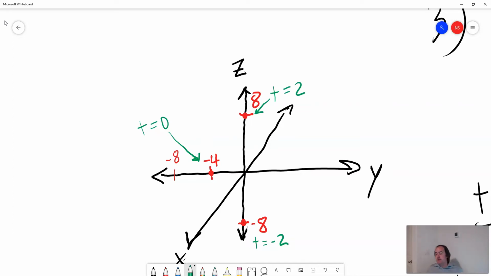So for example, we could do t equals -1 and t equals +1. But because we know it's a parabola, I think most of us can see what this parabola is going to look like. It's going to start here at t equals -2, and then it's going to pass through -4, and then it's going to turn around so that it can pass through +8.